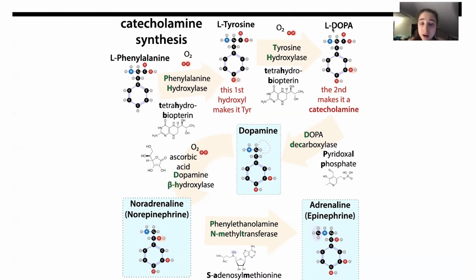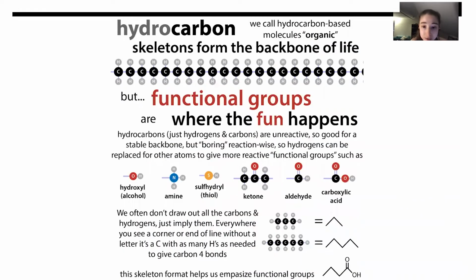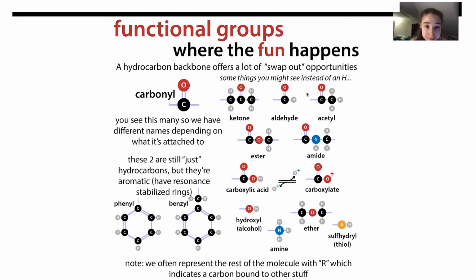And at this point, we call these catecholamines, because remember we have this amine group from our amino acid. So if we go to our functional groups, we have an amine group, and we have this catechol group, which isn't on this chart, but it's a benzene ring with two OH groups.